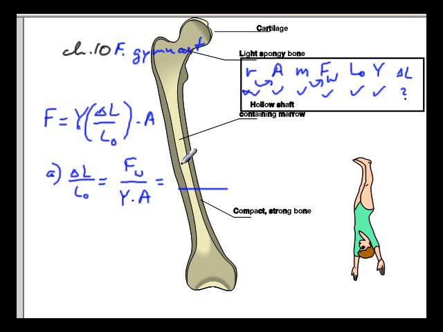Now, what is the area? The cross-sectional area is this entire circle minus the inner circle.